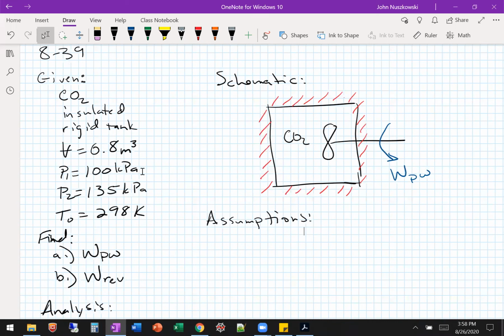Since the substance is CO2 at atmospheric conditions, we can assume ideal gas, okay? We're neglecting potential energy and kinetic.